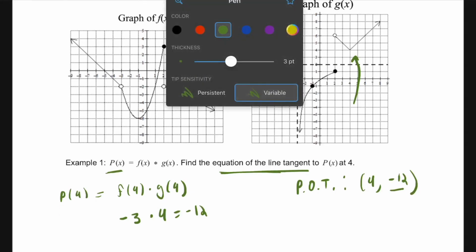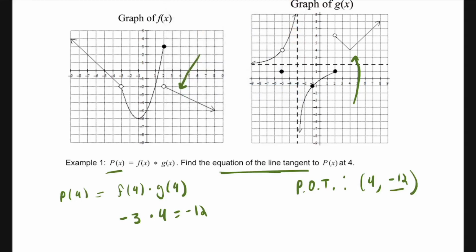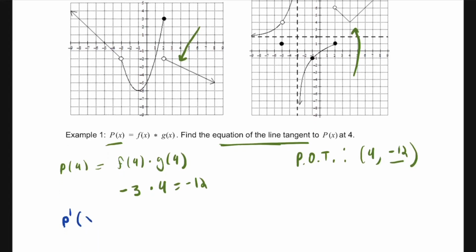Now, this is the fun one. If I wanted to find p prime of 4, well, first, let's find p prime of x first. That's going to require the product rule. So we'd have f prime of x times g of x plus f of x times g prime of x.